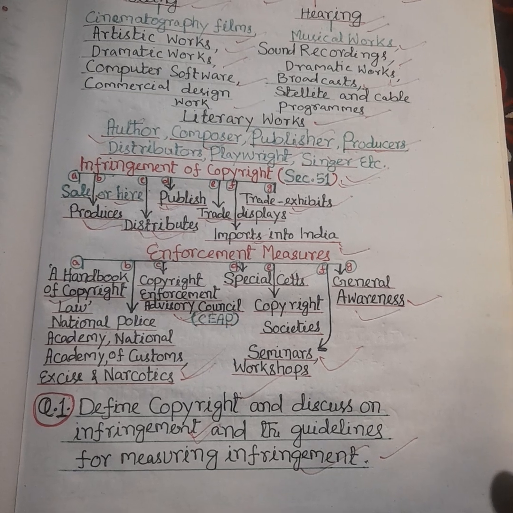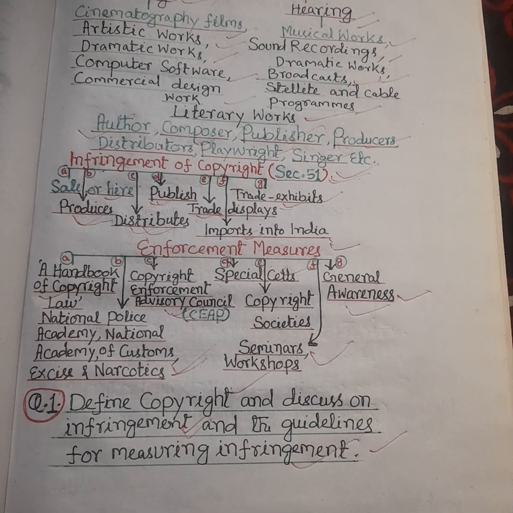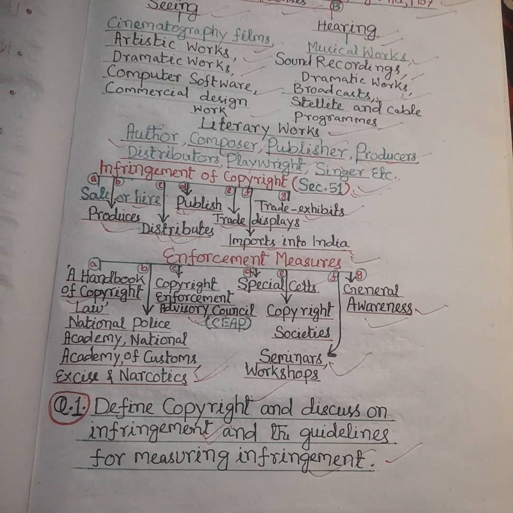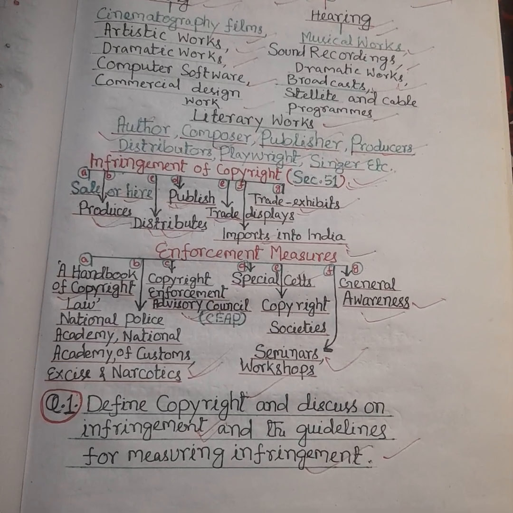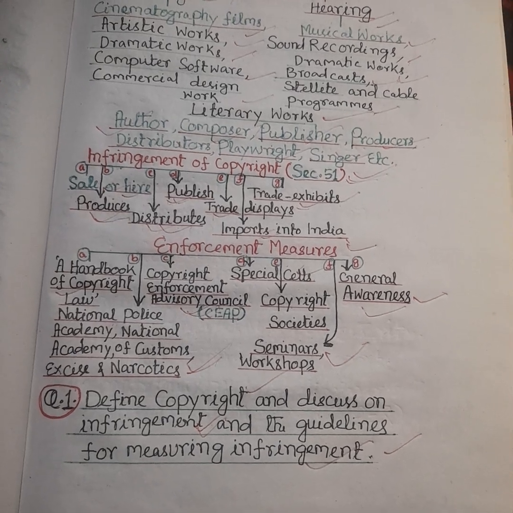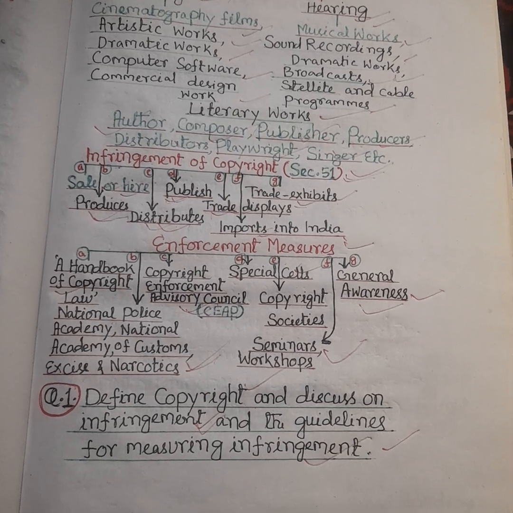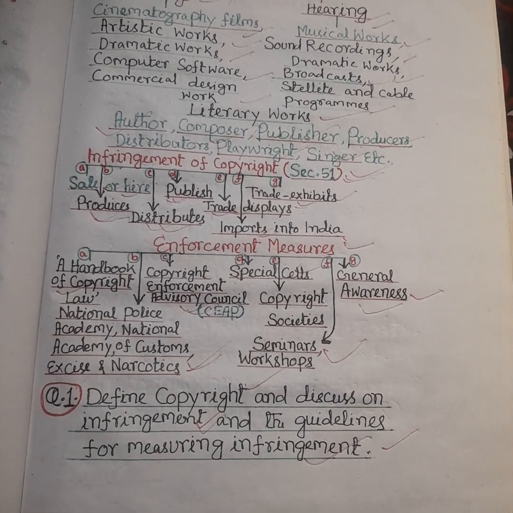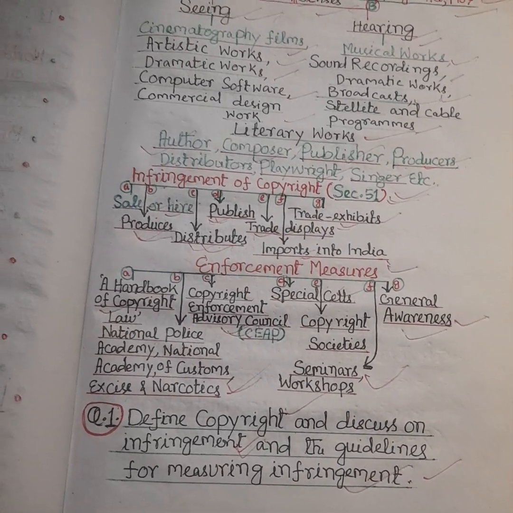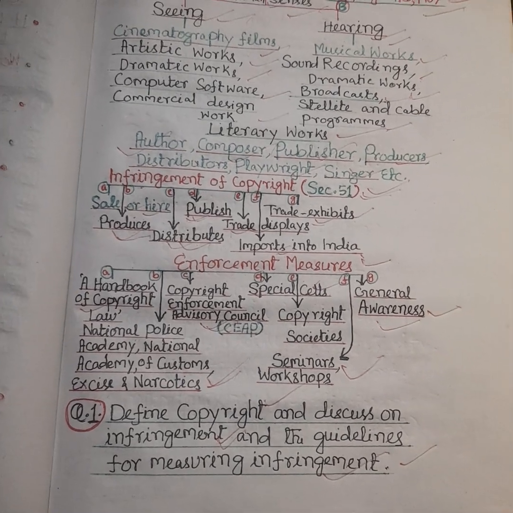So also, by establishing copyright societies that we have discussed, three important copyright societies formed for the enforcement of measures: the Society for Copyright Regulations of Indian Producers of Films and Television, and the second copyright society, the Indian Performing Rights Society Limited for musical works.